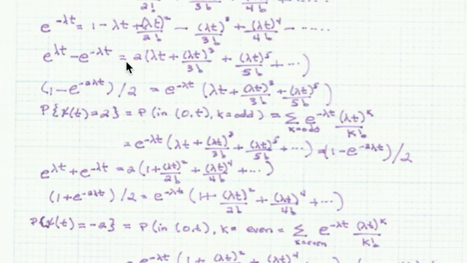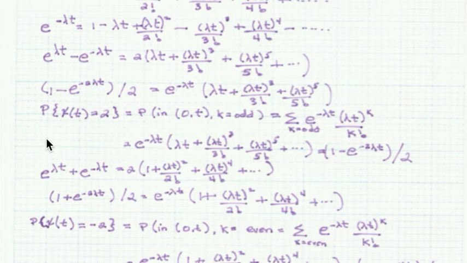As we summarize the expansion, we end up with 2 times the quantity lambda t plus the quantity lambda t raised to the third power over 3 factorial, etc. When we move e to the minus lambda t across the equal sign, we end up with 1 minus e to the minus 2 lambda t divided by 2 equal to e to the minus lambda t times the quantity lambda t plus the odd points.